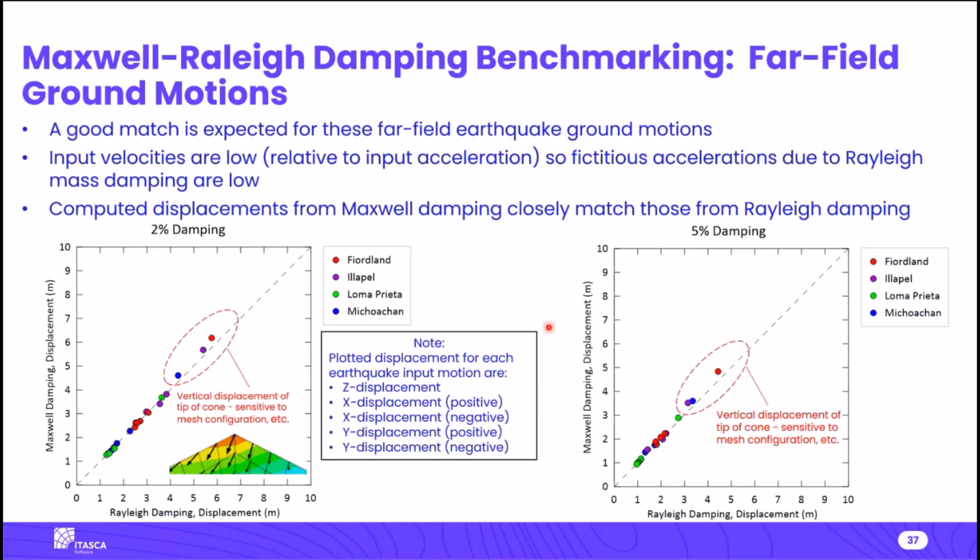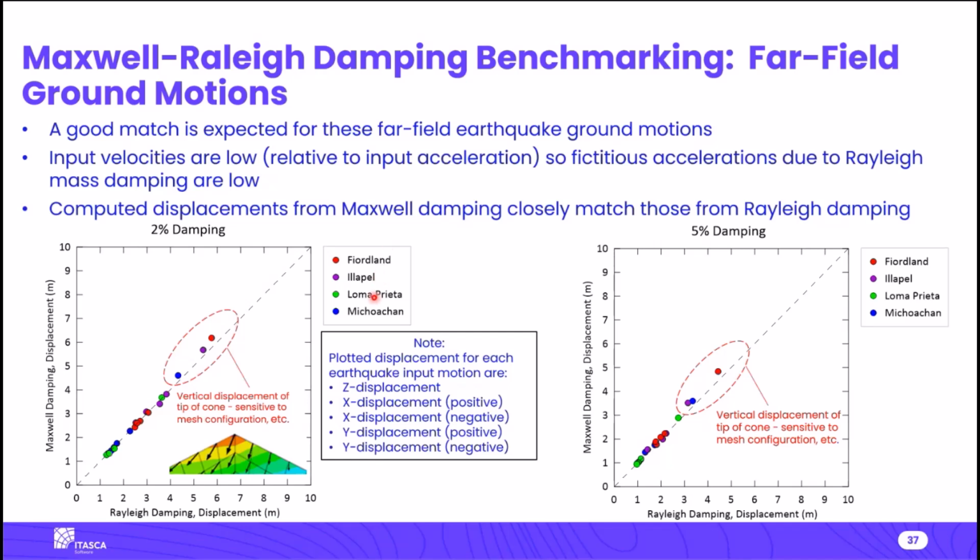And here's a comparison. I should also mention we're running this analysis case for 4 earthquake time histories, and we're using far field motions, earthquakes that were recorded very far from the seismic instrument where the earthquake was recorded.